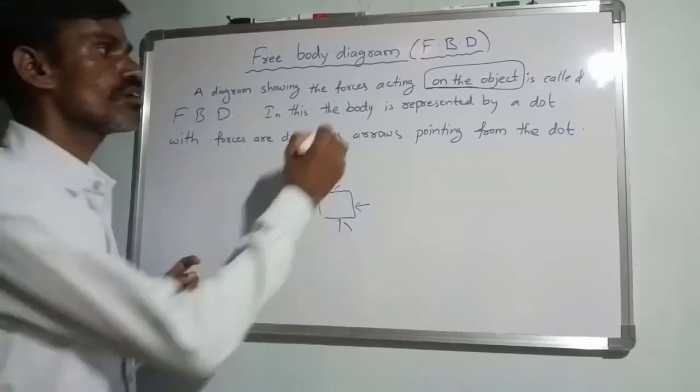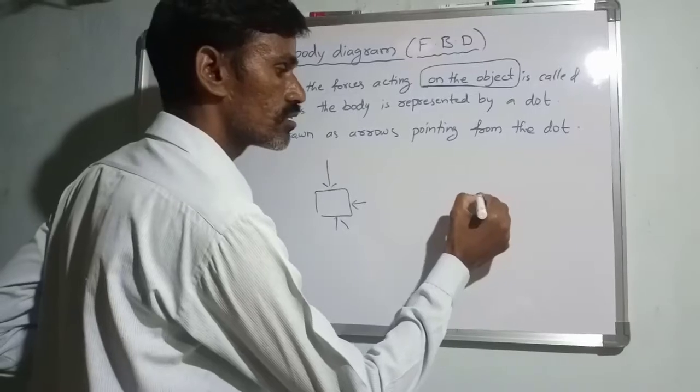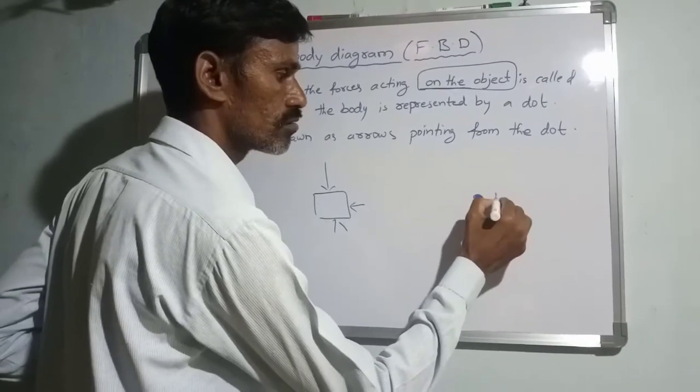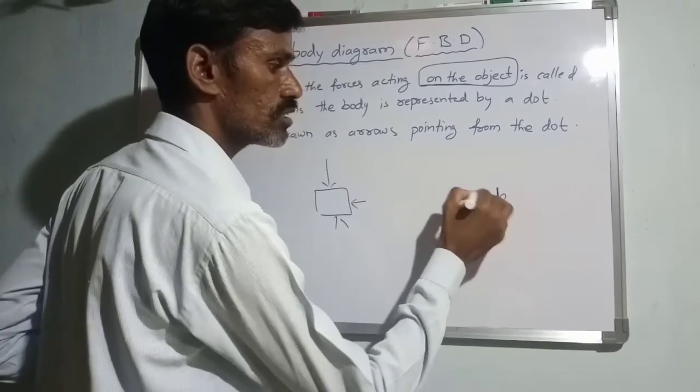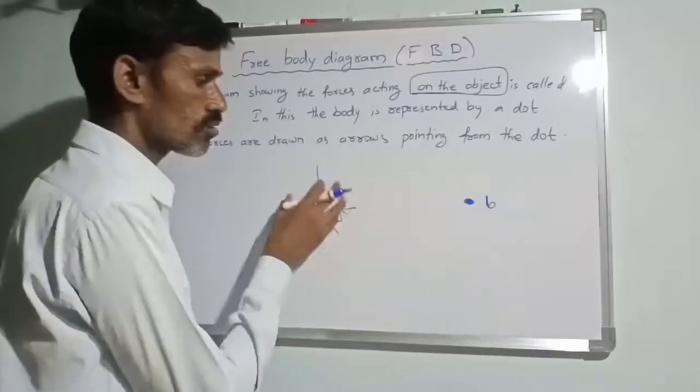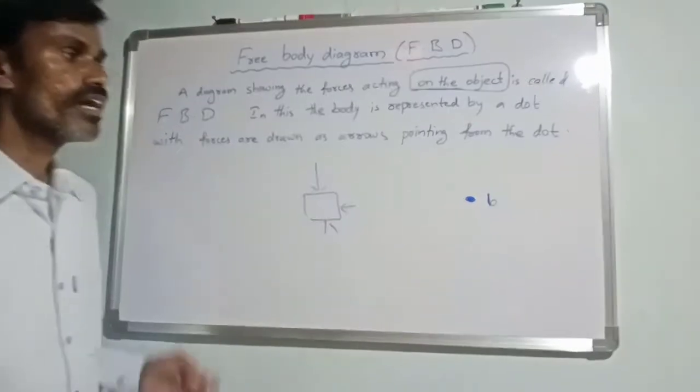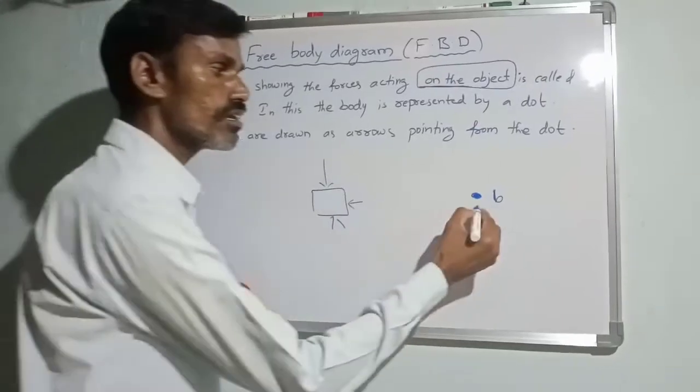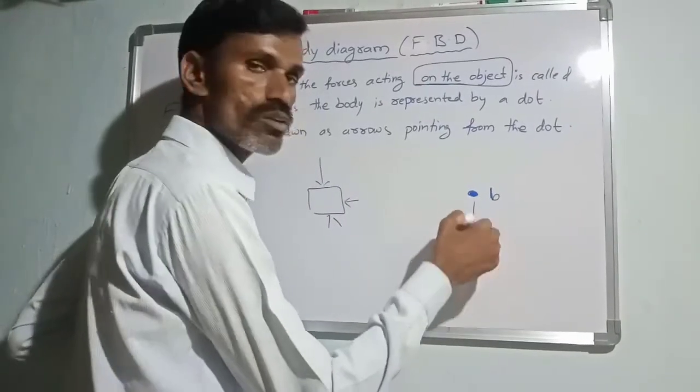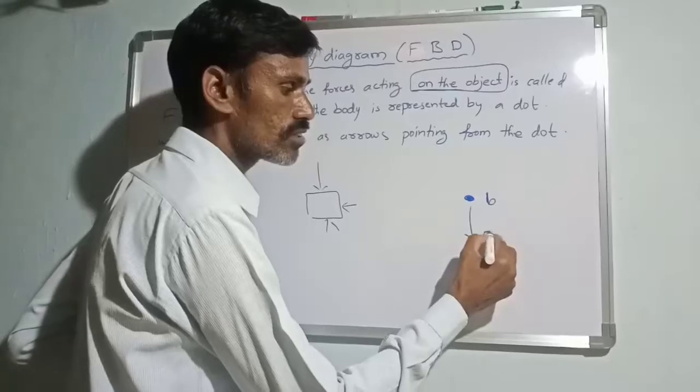In this the body is represented with a dot. So this is the total object. Here the object is indicated by B, and all forces are indicated with arrows.